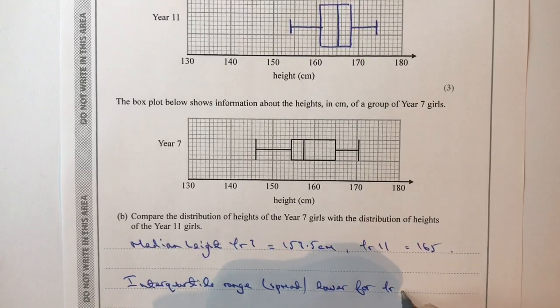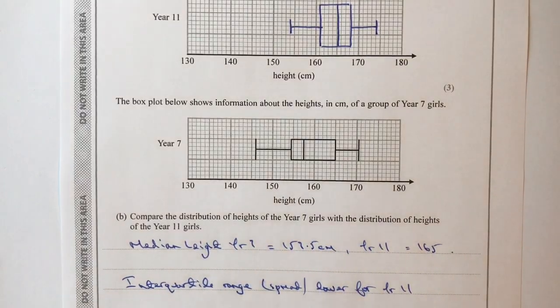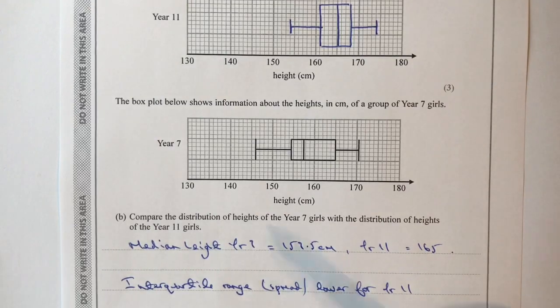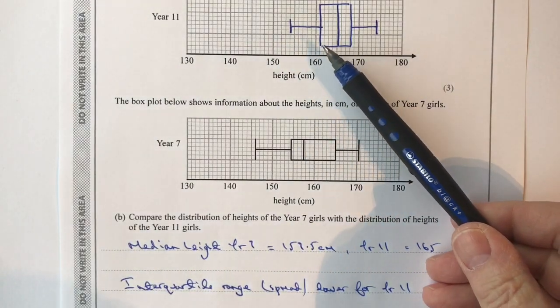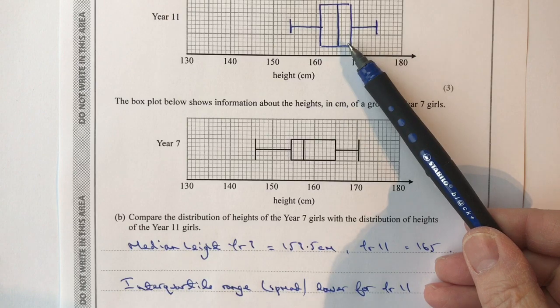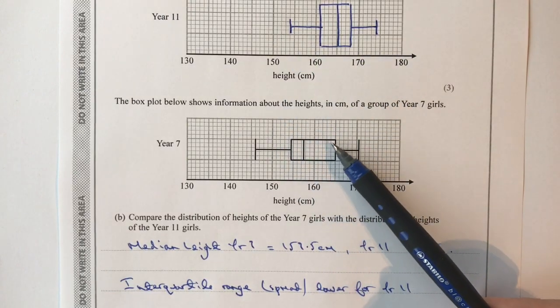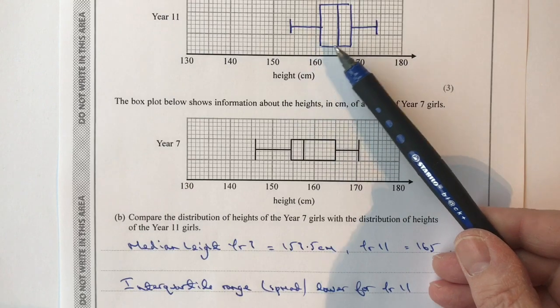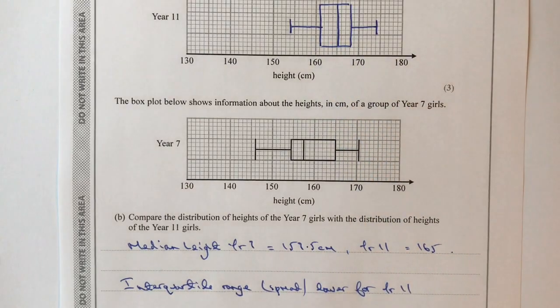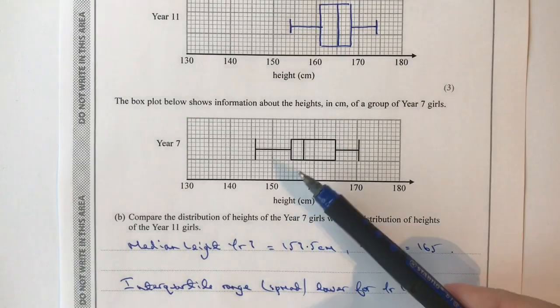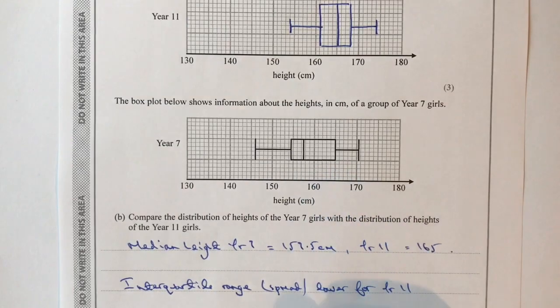I'll just show you that on the actual chart itself: you can see here the interquartile range is so much shorter than the interquartile range of year 7. What that means is girls in year 11 are roughly the same height. They're mostly the same height, whereas in year 7 you've got smaller girls and taller girls, and there's a bigger range between the two. I hope that's okay for you.